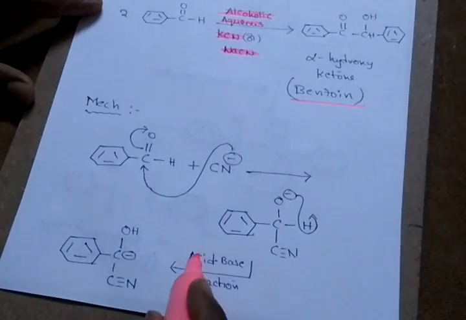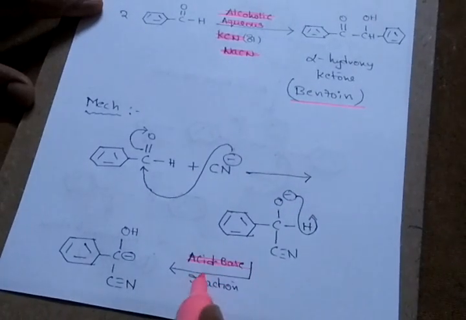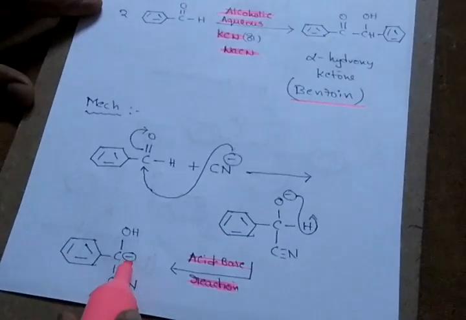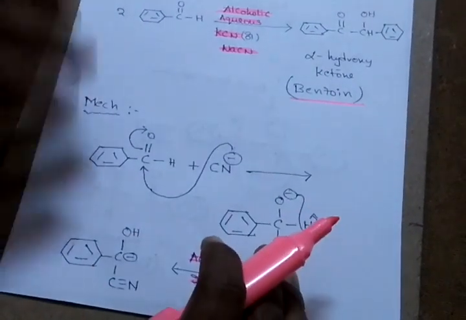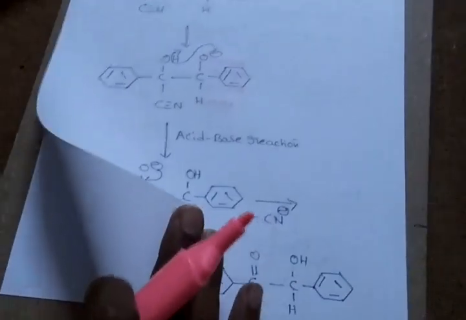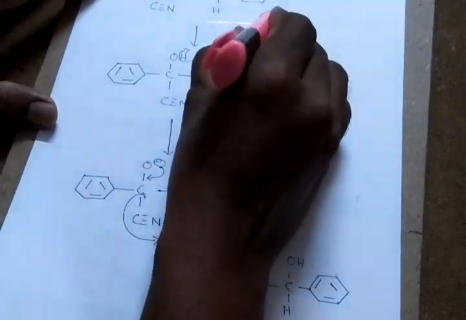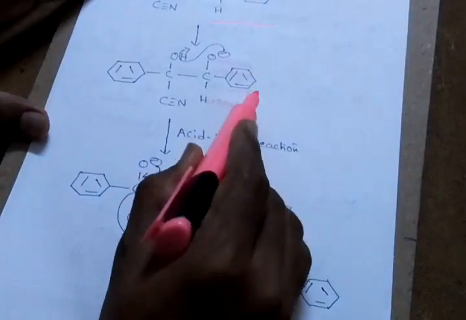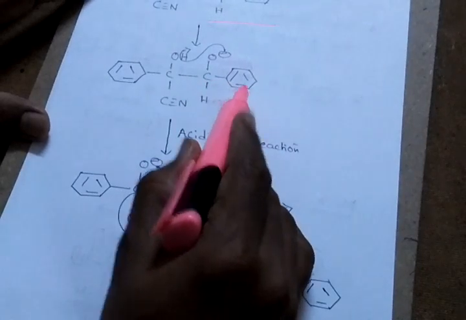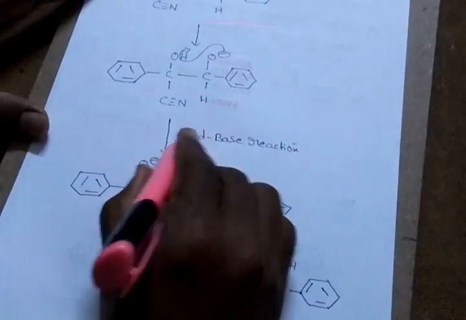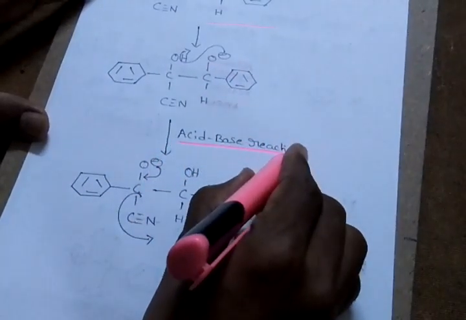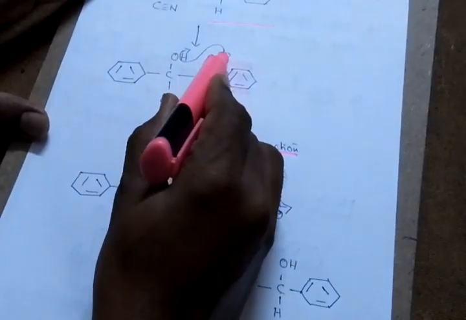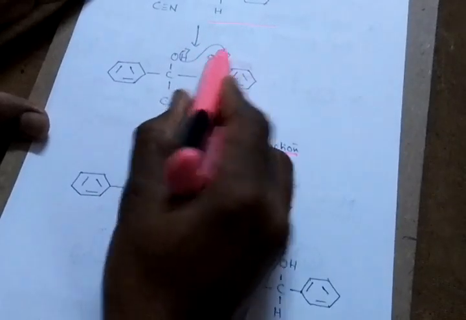With the help of this acid base reaction, it is forming a carbanion. This carbanion attacks the second mole of the benzaldehyde molecule over here to form this particular ion. Again, this is not stabilized being an ion. Here again the acid base reaction takes place, thereby this H plus ion moves on to this O minus ion to acquire the extra stability.